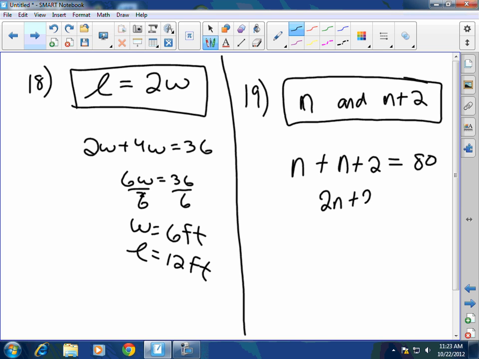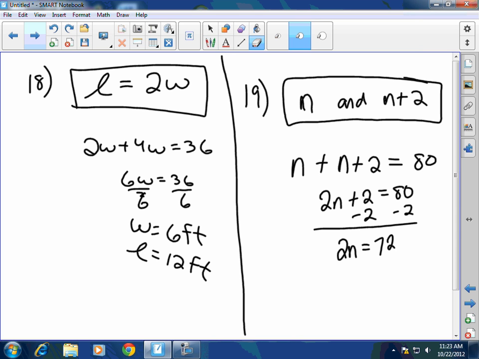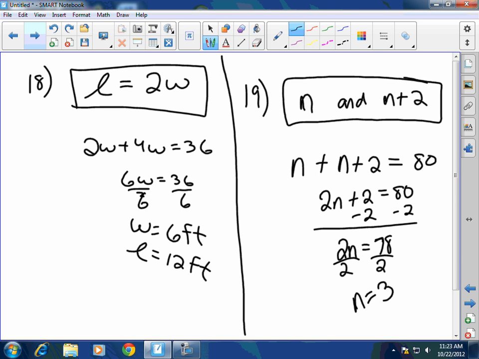2n plus 2 equals 80. Subtract 2 from both sides. 2n equals 78. Divided by 2, n equals 39. Now it says, what are the integers?